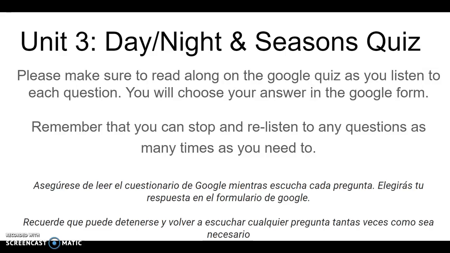It is day in location X and night at location Y. It is winter at location X and summer at location Y. There are more hours of daylight at location X than location Y. The moon is brighter when viewed from location X than when viewed from location Y. Remember to pause the video if you need to study the diagram to answer this question.